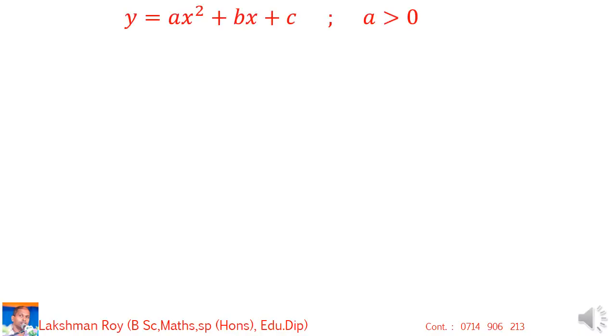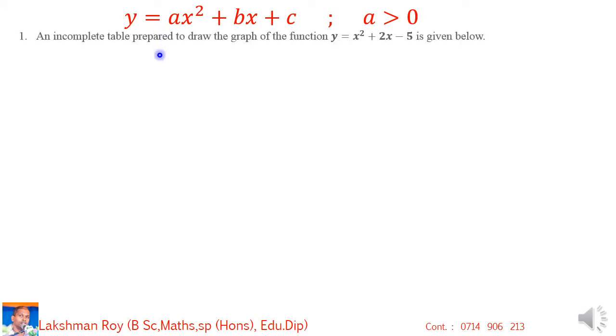Now in the first part I'll discuss the quadratic function y equals ax squared plus bx plus c type, where a is greater than 0, that means a is positive. So let's see what the graph looks like when a is greater than 0. I'll take an example.